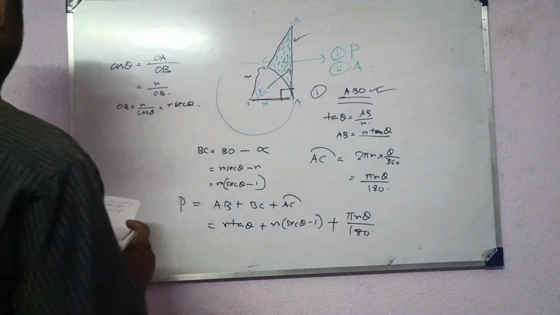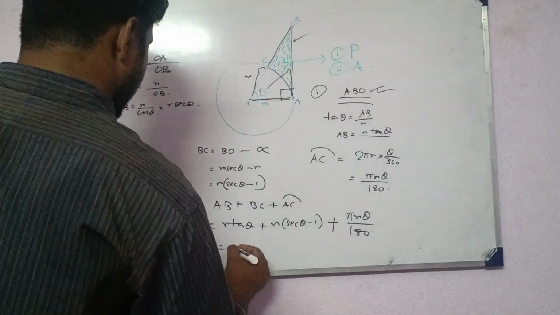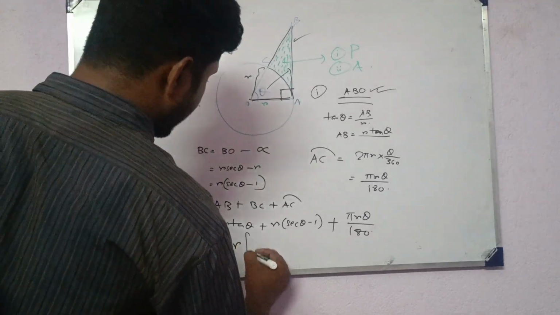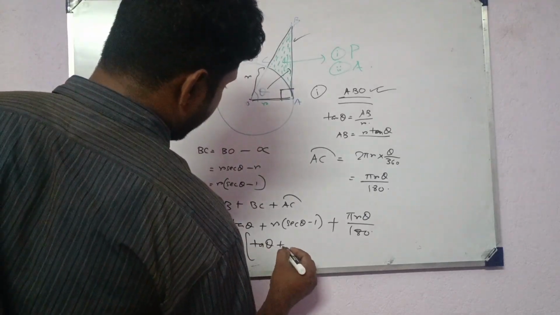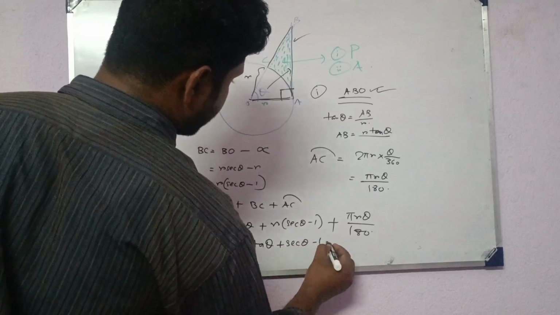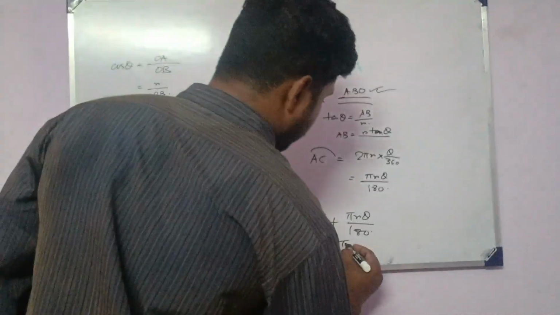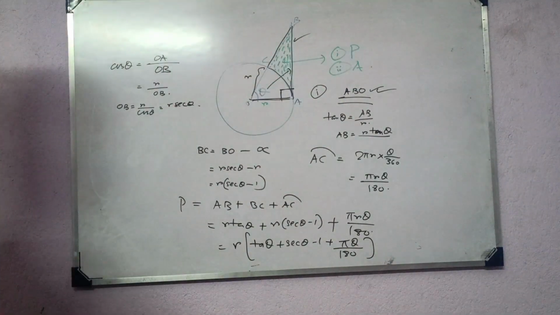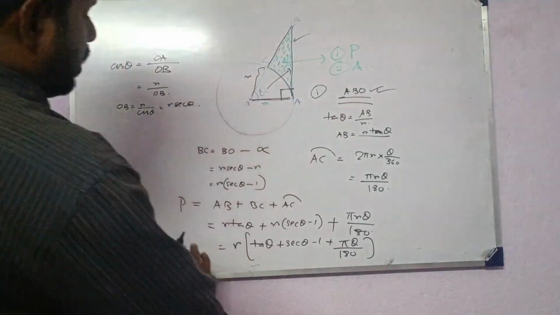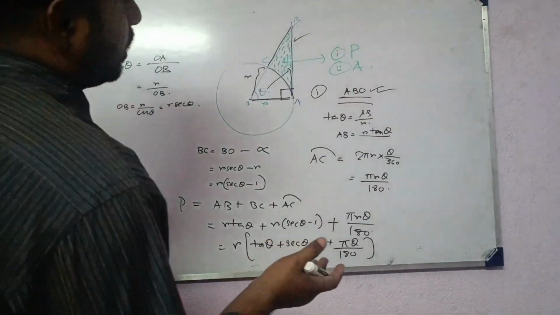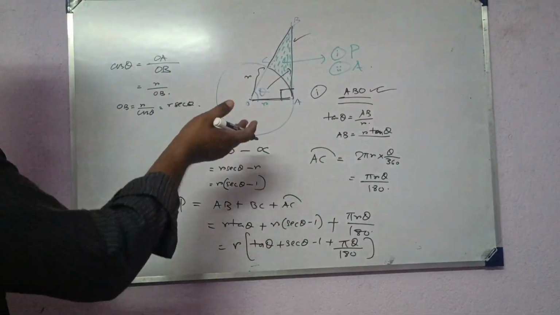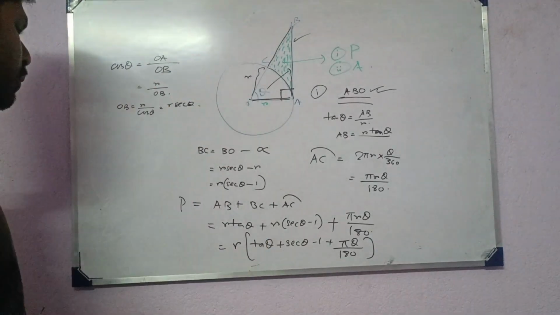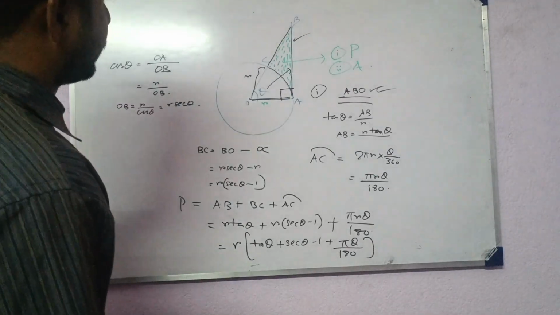So if I take R common, the perimeter will be R times tan theta plus sec theta minus 1 plus pi theta by 180. This is the perimeter. The perimeter is in terms of R and theta, which are unknown to us but given in the sum. So the answer will come in terms of R and theta, that is not the problem. So this is the perimeter.